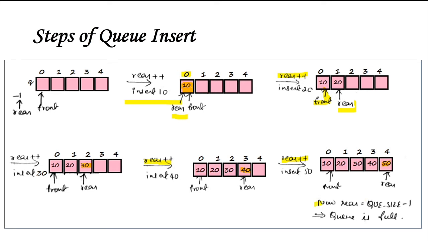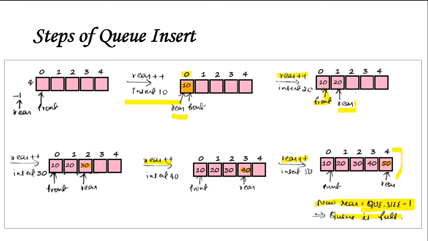Now rear is equal to queue size minus 1. Maximum size was 5, so rear is pointing to 4 now. That is nothing but maximum size minus 1. So when rear is pointing to the max minus 1th position, then I can tell that the queue is full.